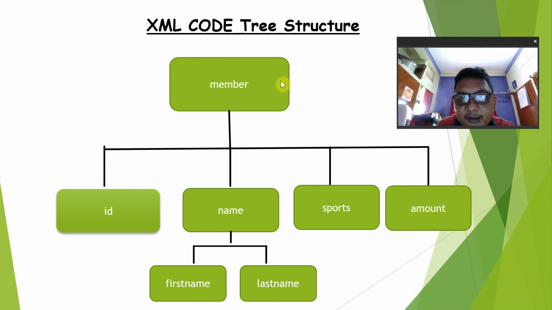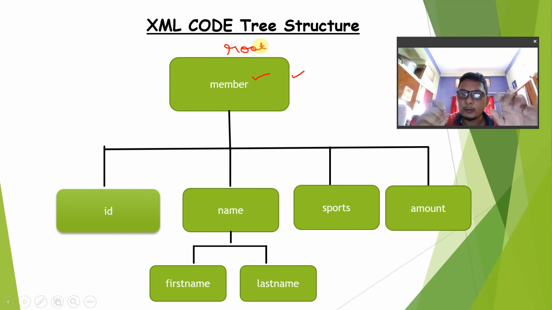What is this XML code tree structure representing? That our code starts from the member tag, the start tag, that is the root. You can imagine a tree that has been reversed, so the root comes at the top.